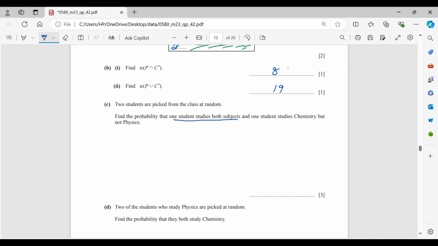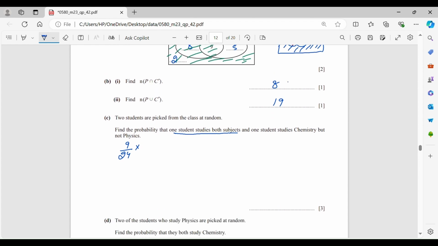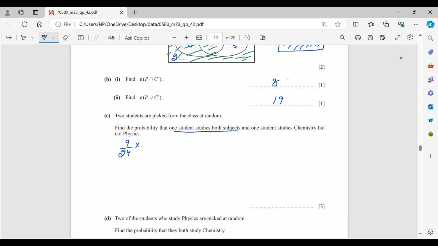So 9 by 24, into, and one student studies chemistry only. That will be 5. 5 is there who study chemistry only. So 5 by 23. This plus, or either 5 by 24, this way also, this into 9 by 23.